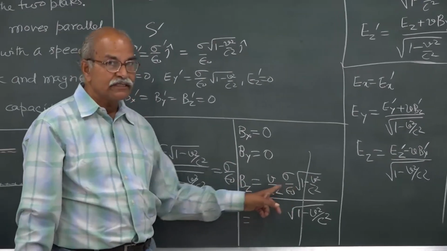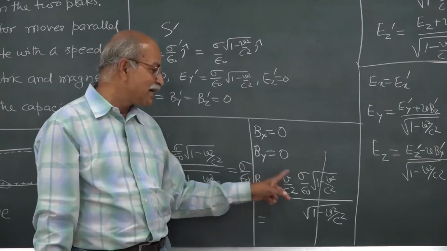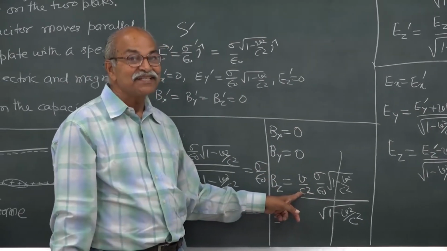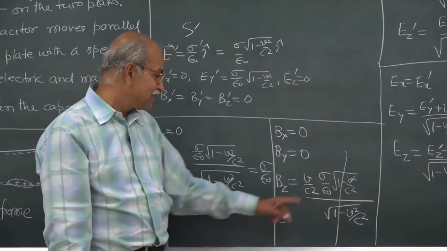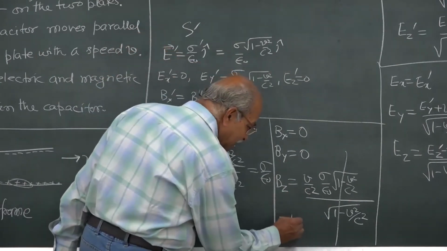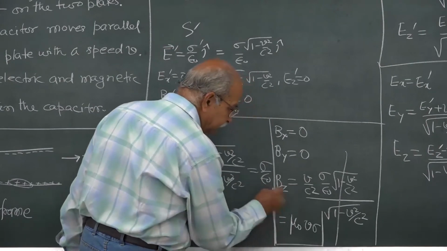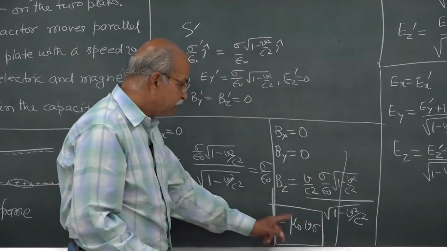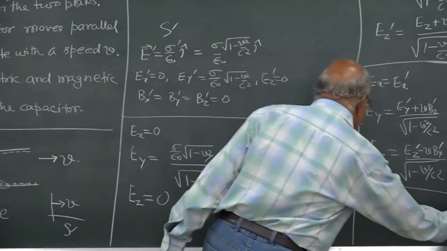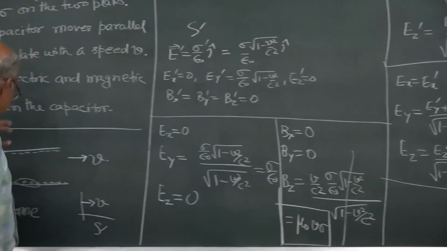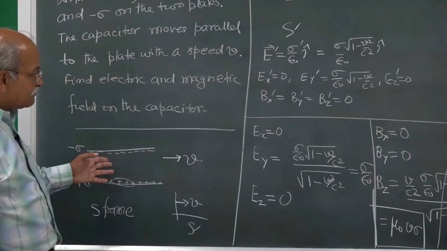Do you remember what it is? 1 by epsilon naught c square, that is mu naught. So you can write this as mu naught v sigma. This is our Bz.